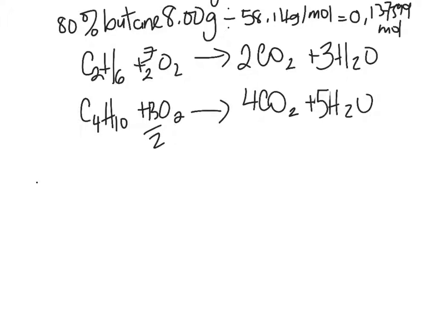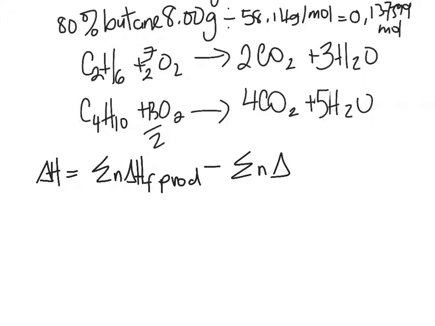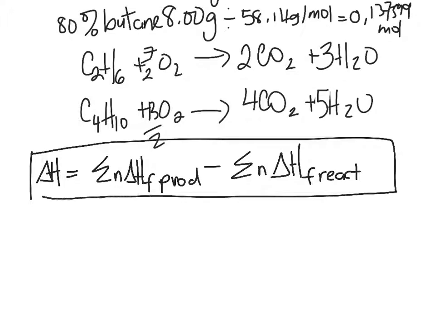So delta H is equal to the sum of the enthalpies of formation of your products minus the sum of the enthalpy change of your reactants. So we're using this formula, which is the only thing other than writing a formation of reaction question that you've done with them.